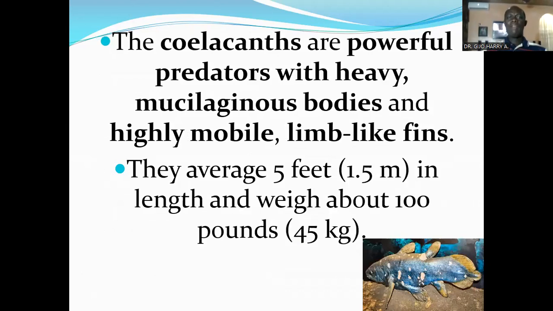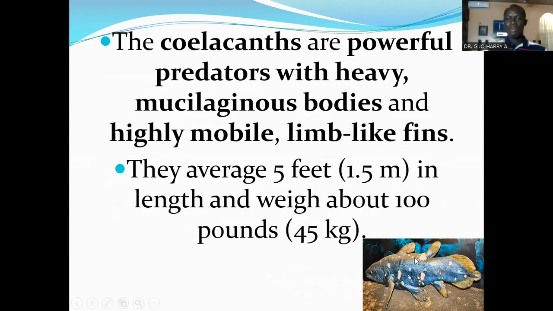Coelacanths are powerful predators with heavy mucilaginous bodies and highly mobile limb-like fins. They are serious predators feeding on fish, and their bodies are covered by mucus. These are their fins.